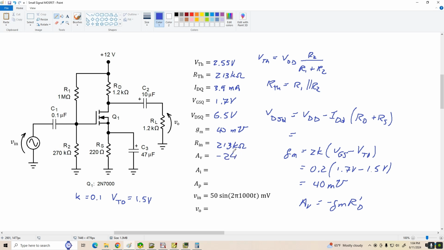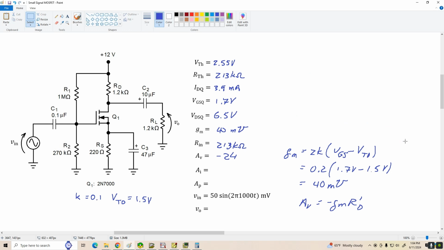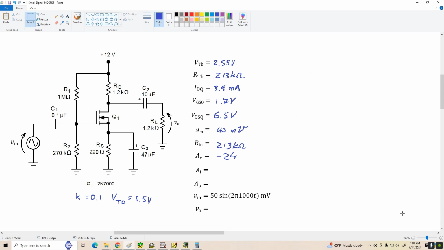Our current gain, let me clear a little space here. Remember that current gain is equal to voltage gain times the input resistance over the load resistance. So our voltage gain is negative 24 times 213K divided by 1200.